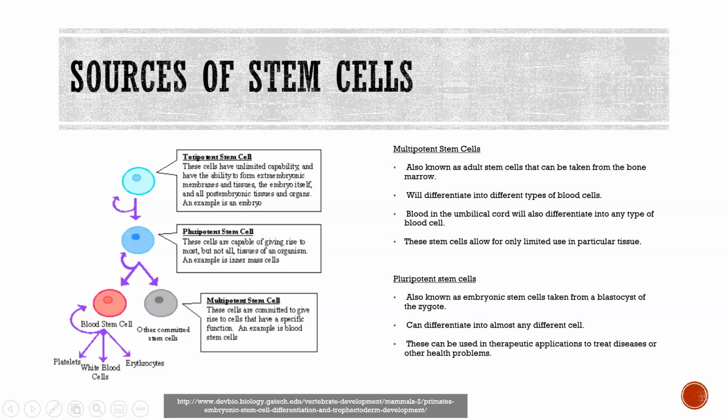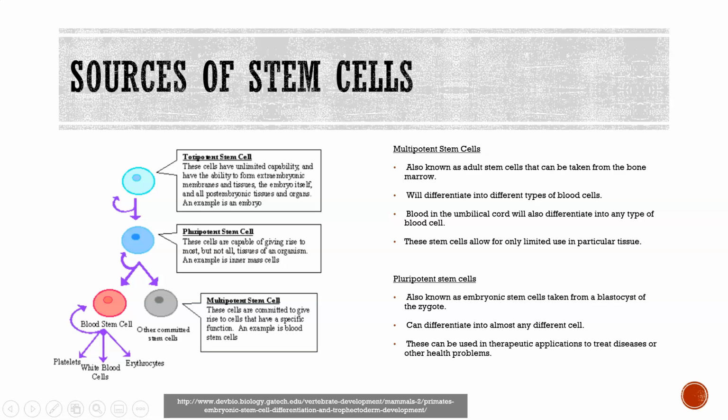At the top here you'll see the totipotent stem cells. Okay, and these have unlimited capability, but it's quite a new area of science at the moment. So we're just focusing on our multipotent and our pluripotent.